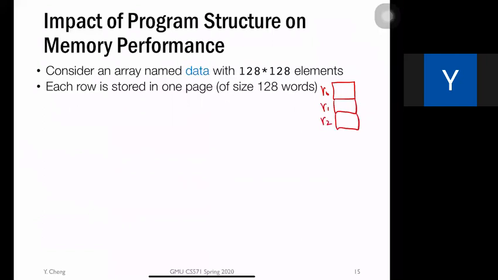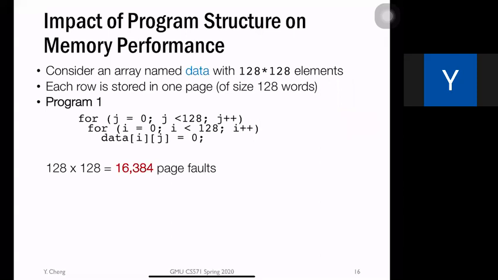Assume each row occupies one single page, so this is page 0, page 1, page 2, all the way to the last row, row 127, page 127. Within each row, it has a total of 128 elements, its columns, these small elements. So this is how it looks in terms of memory layout. Keep that in mind.